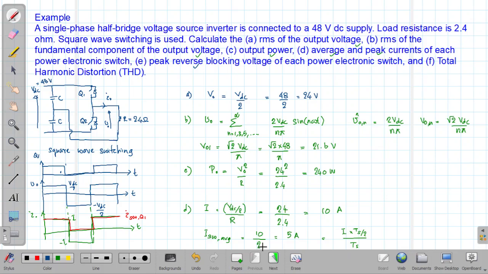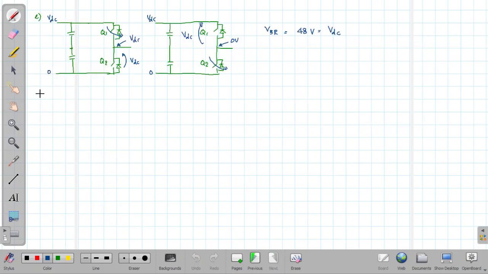Now finally, you are asked to calculate the total harmonic distortion, which is abbreviated as THD.